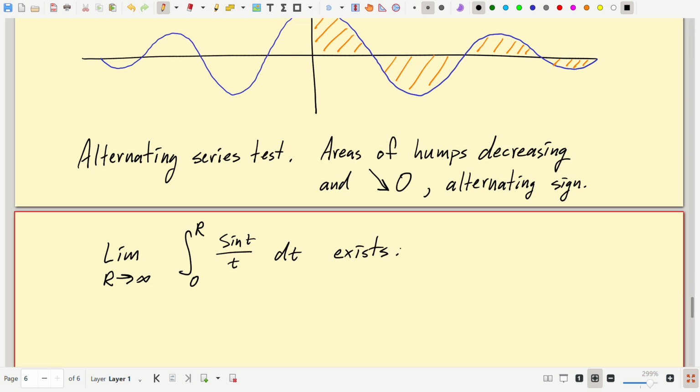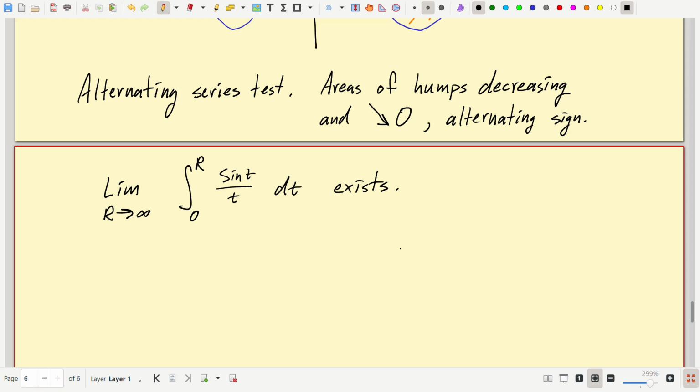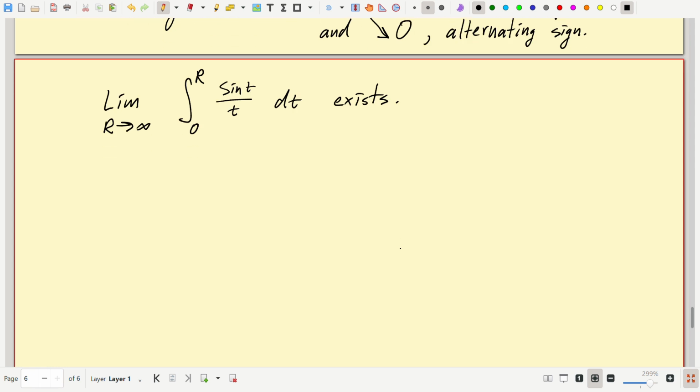And that limit exists. But I want to think carefully about why that integral is not absolutely convergent.